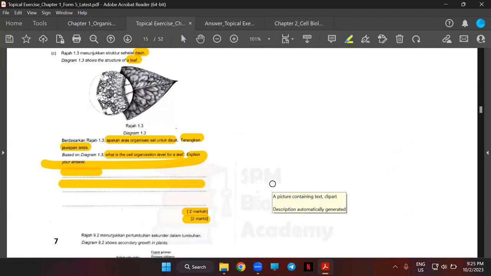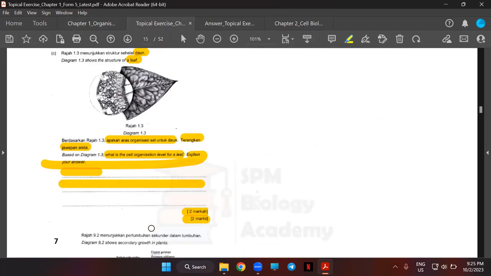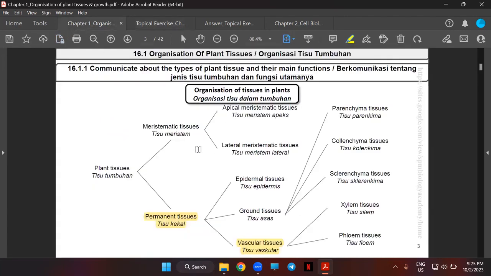Consists of ataupun made of a group of different tissues, such as vascular tissues, ground tissues, and epidermal tissues.